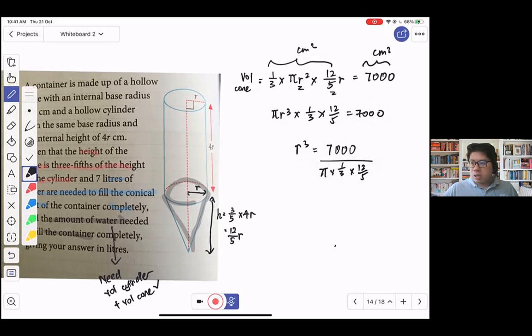Okay, do the multiplication, and you should be able to work out that your radius would be the cube root of 7,000 divided by pi times 1/3 times 12/5. I won't work it out, I'll let you work it out yourself.